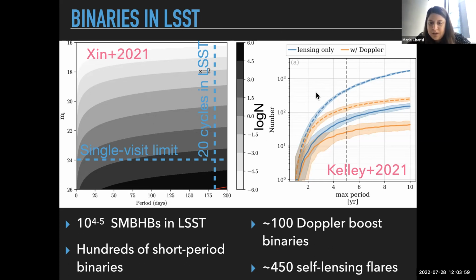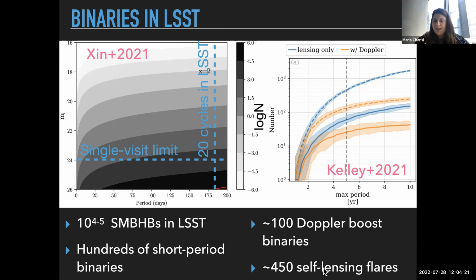We also have some models that look at the more special case, like the relativistic Doppler boost that I said we need an unequal mass binary at an edge-on orbit that produces the very sinusoidal variability. We should expect about 100 of those. And also, we should expect self-lensing flares.